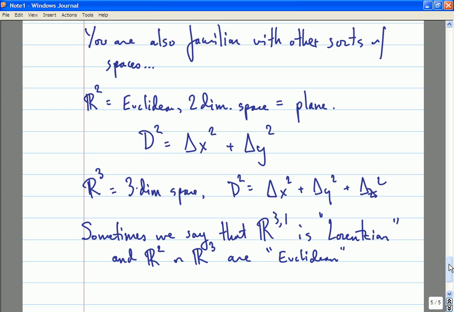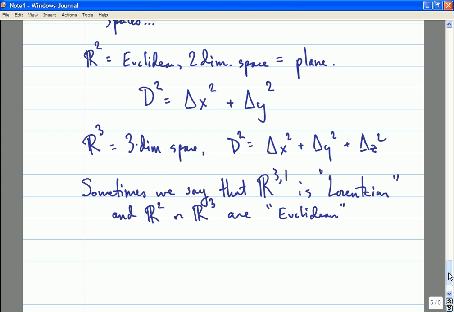Sorry, right here? That's supposed to be a delta z squared. What's it for R3,1? R31 is Minkowski space, and so the distance between 2 points is the quantity that we usually call the invariant interval.